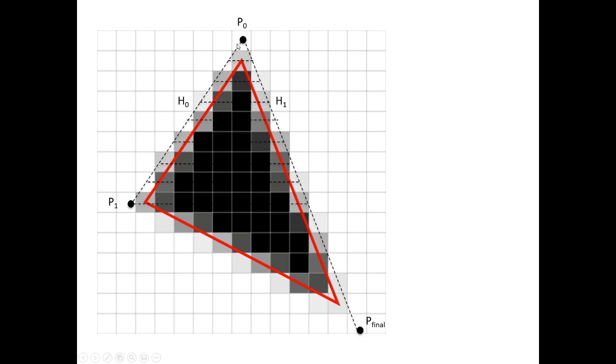Now you could simplify and say, all right, if P1 is close enough, I'm just going to draw the line from P0 to P final, ignore P1. Maybe some algorithms do, but it wouldn't be that much different than if you did try to do the linear interpolations. What I will point out is I said 2 linear interpolations, but you're actually doing 3 linear interpolations.